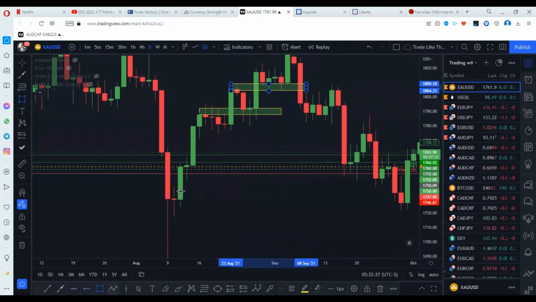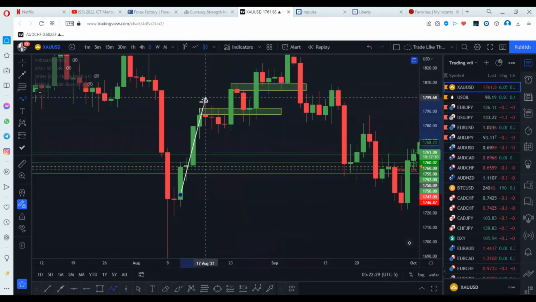Let's do the step up. Creates a high, comes back down, breaks this structure, makes another high, higher high, comes back down, forms a higher low, trades into the zone, off to the races.